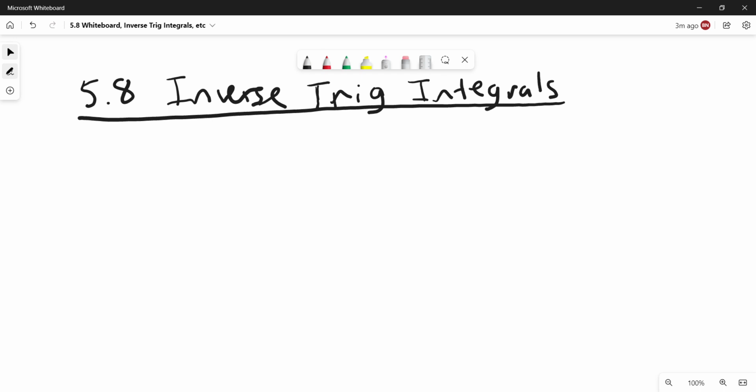Well, if you remember back to when we took the derivatives of those things, they were just the negatives of their non-co counterparts. Like the derivative of arc cosine was just the negative of the derivative of arc sine. Derivative of arc cotan was the negative of the derivative of arc tan, and so on.